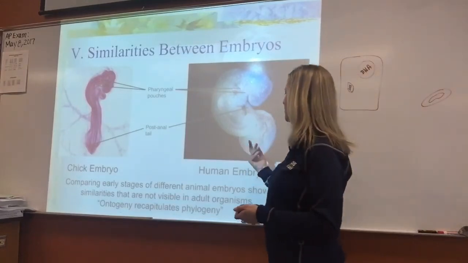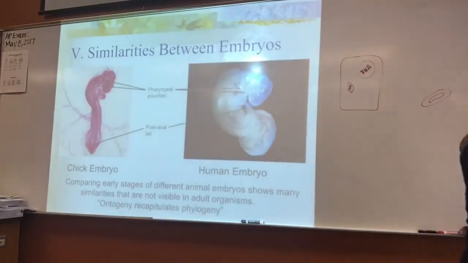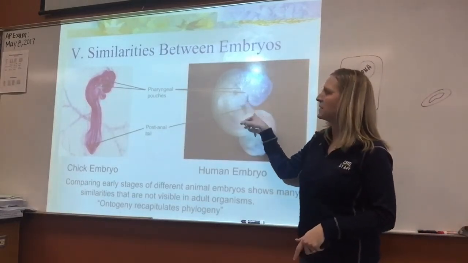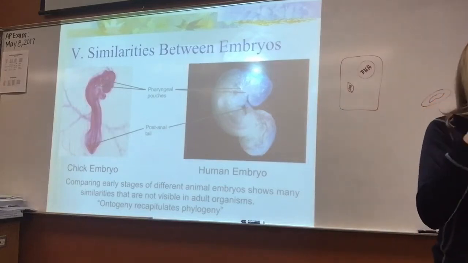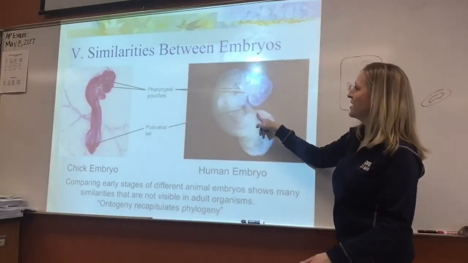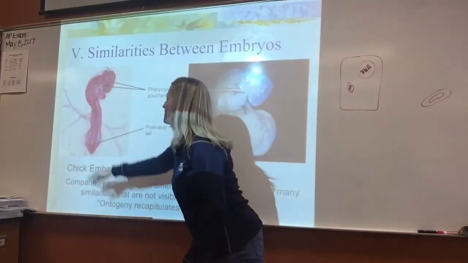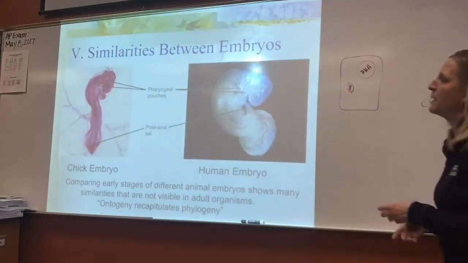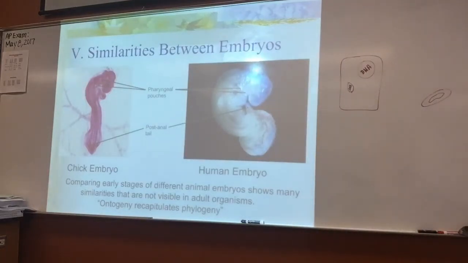So this is a chick embryo and a human embryo. Obviously a chicken and a human are very, very different, but very early on in development, there are some similarities. Very early on, humans have a post-anal tail. Clearly, we don't have that as adults, all right? And the same thing with the chick embryo, and then pharyngeal pouches develop into lungs. Okay?